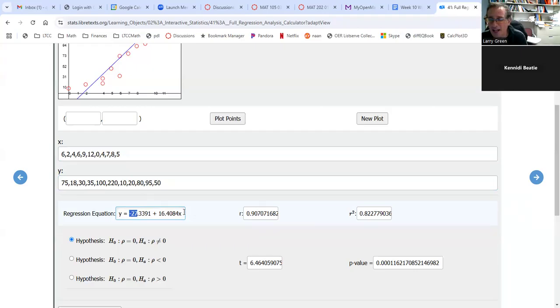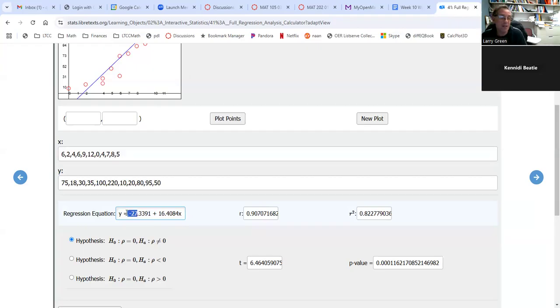Can you have a salary of negative $27,000? No. Jobs do not make you pay. That's not a job. There's fun things that make you pay, but not jobs, not salaried. So this would have no relevance because you can't have a negative $27,000 salary. In this case, there is no relevance for the y-intercept.